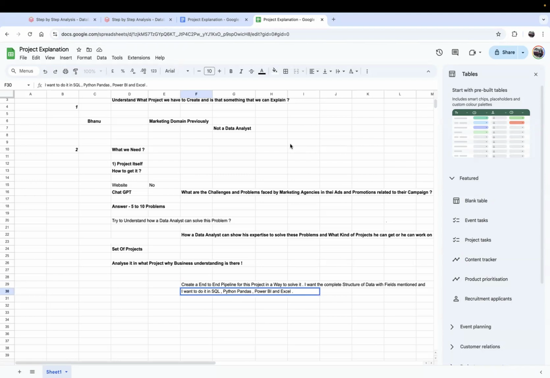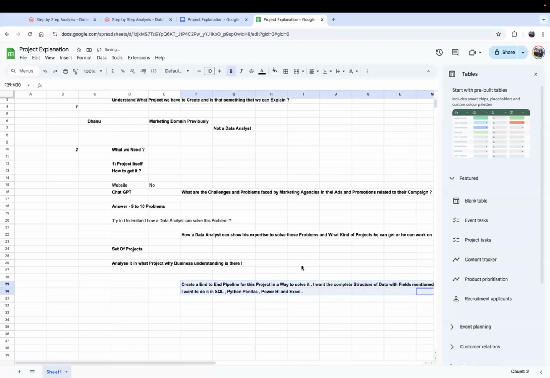When you have written this, ChatGPT will produce a complete end-to-end project for you and how you would do that project.